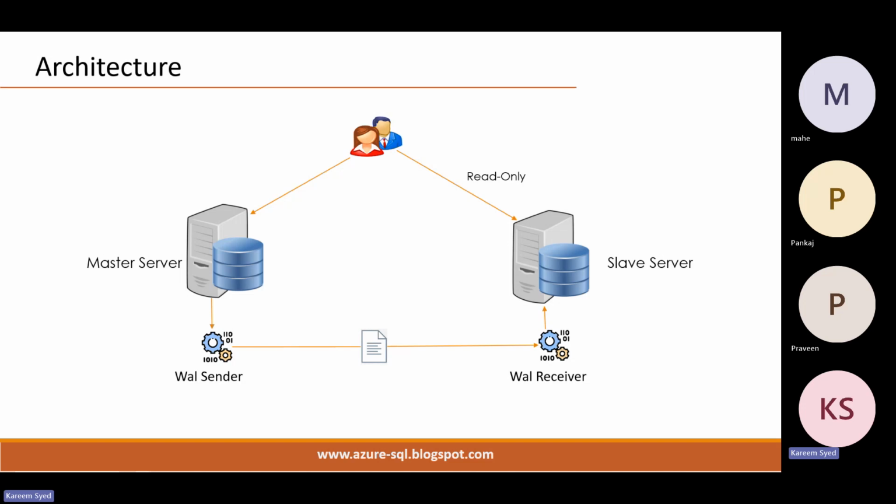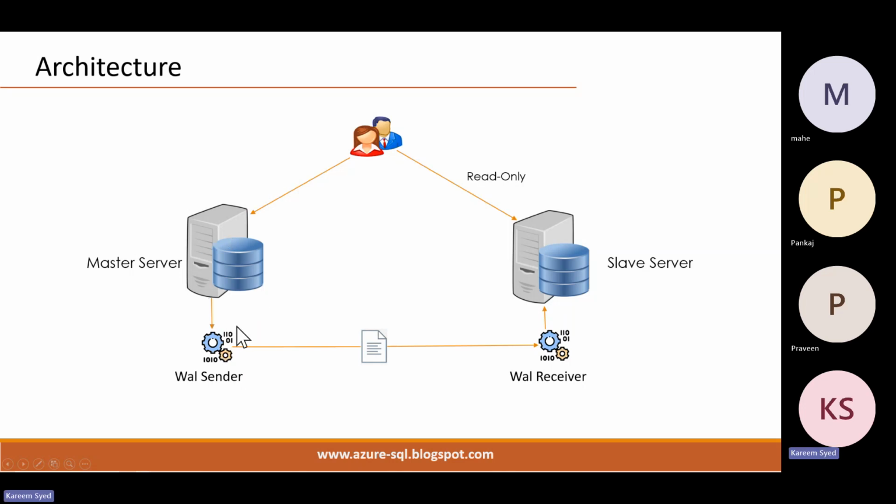Both options are there. Cascading means this can act as primary to another secondary. Or we can have multiple secondaries in parallel at a time.